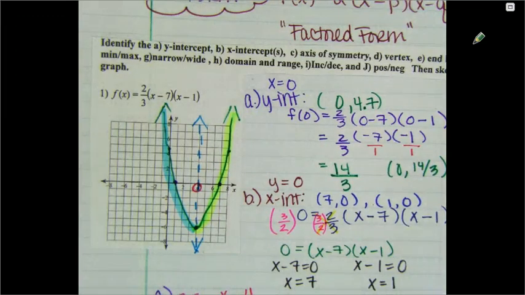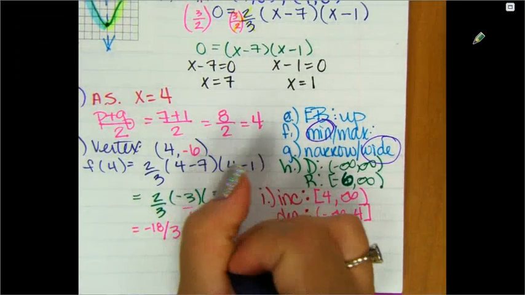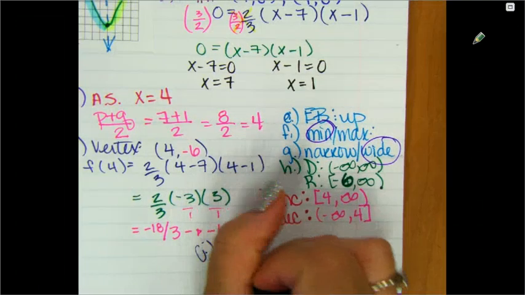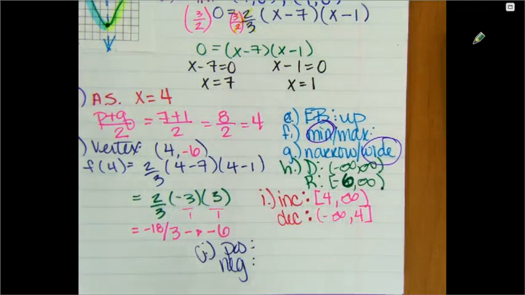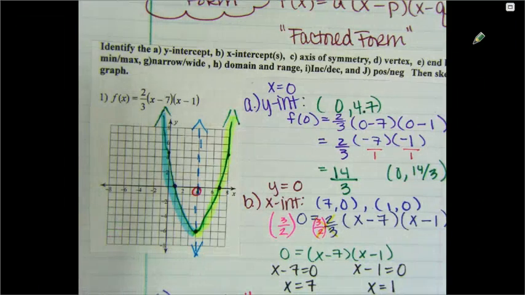Letter J asks for positive and negative. Where are we positive from? What does it mean to be positive? Above the x-axis.